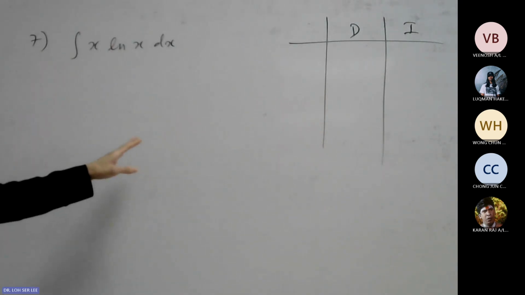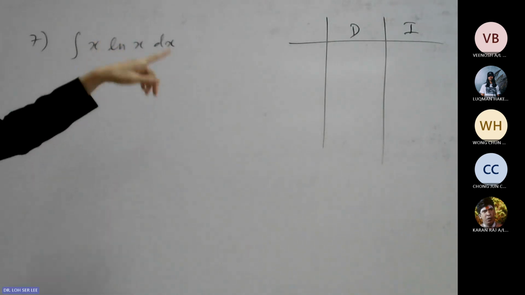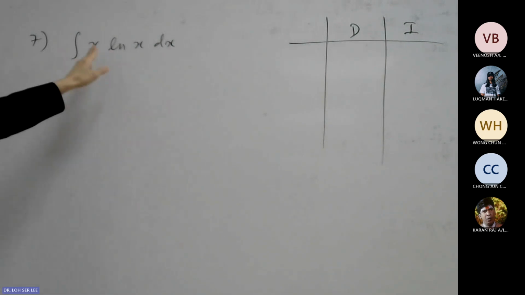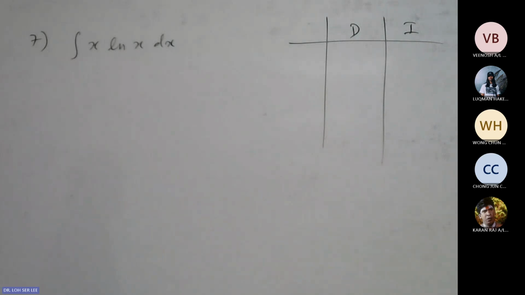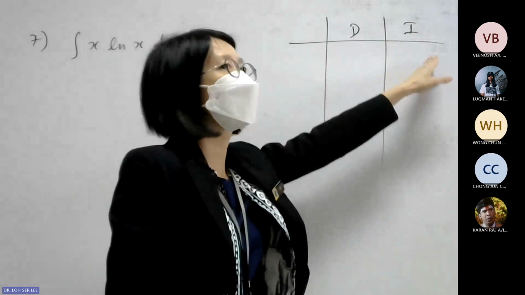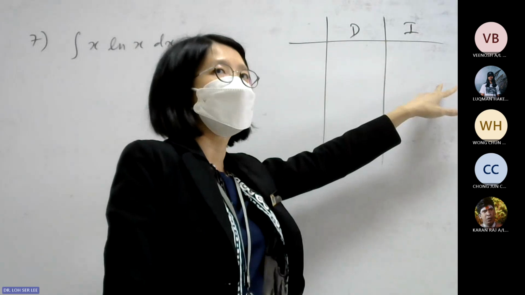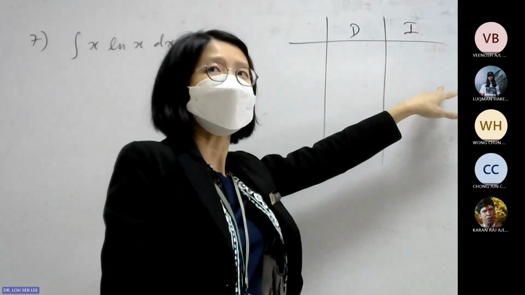That one, x ln x. Which one should be under D? ln x under D, x under integration. So how to integrate ln x?